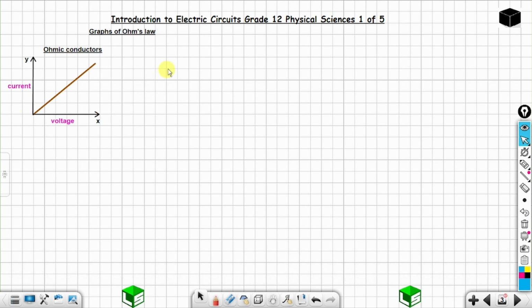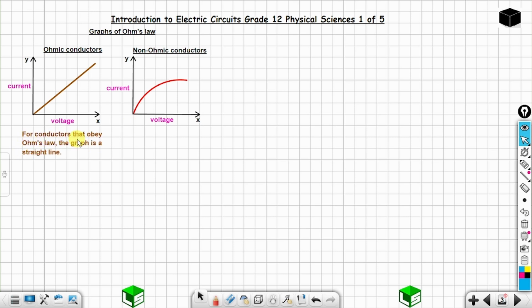Okay, now for non-ohmic conductors. For non-ohmic conductors, you don't have a straight line. For conductors that obey Ohm's law, ohmic conductors, the graph is a straight line.